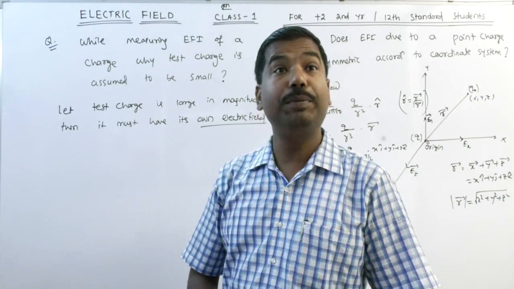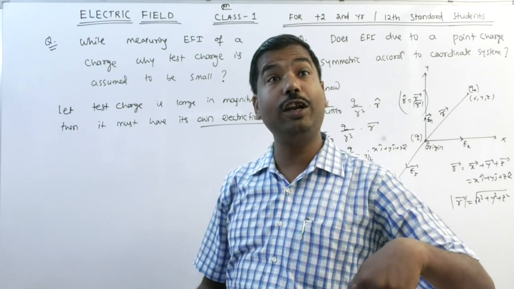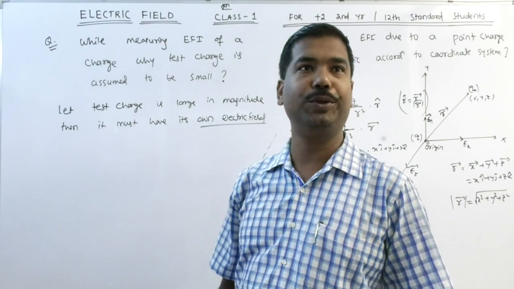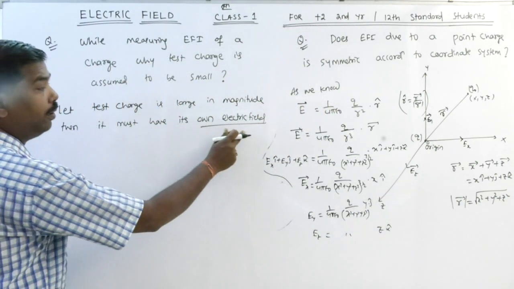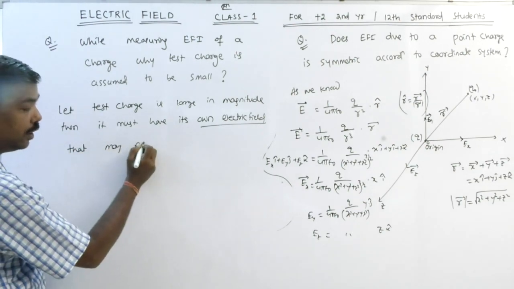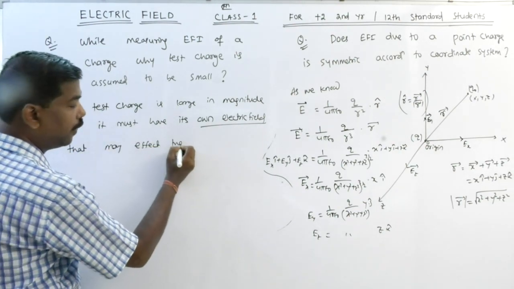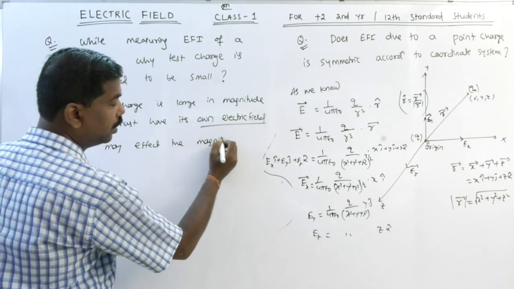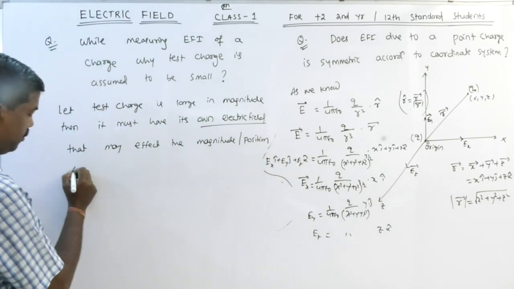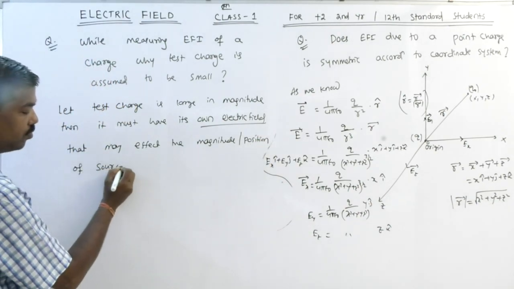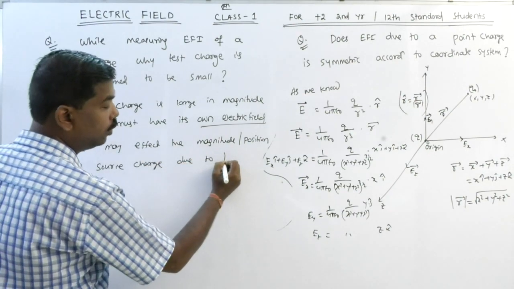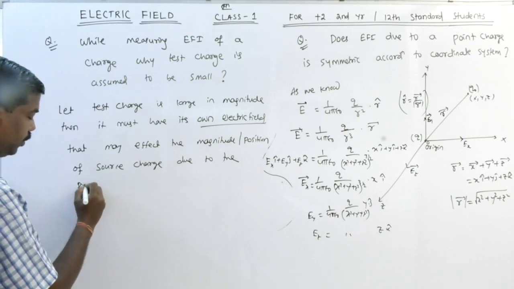It means the magnitude of the electric field of the source gets affected according to the principle of superposition. The test charge may have its own electric field and that may affect the magnitude and position of the source charge's field due to the principle of superposition.